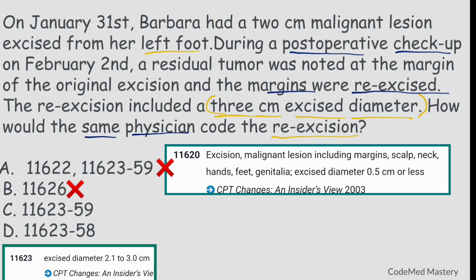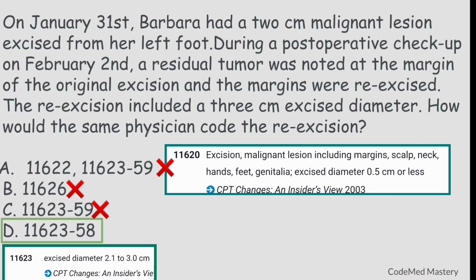So we have to use modifier 58, not modifier 59, because this is not a distinct procedural service. To append modifier 59, the documentation must support a different session, different procedure or surgery, different site, different organ, different injury. But in this scenario, we cannot find anything as such, so we'll eliminate option C. The right answer is option D.